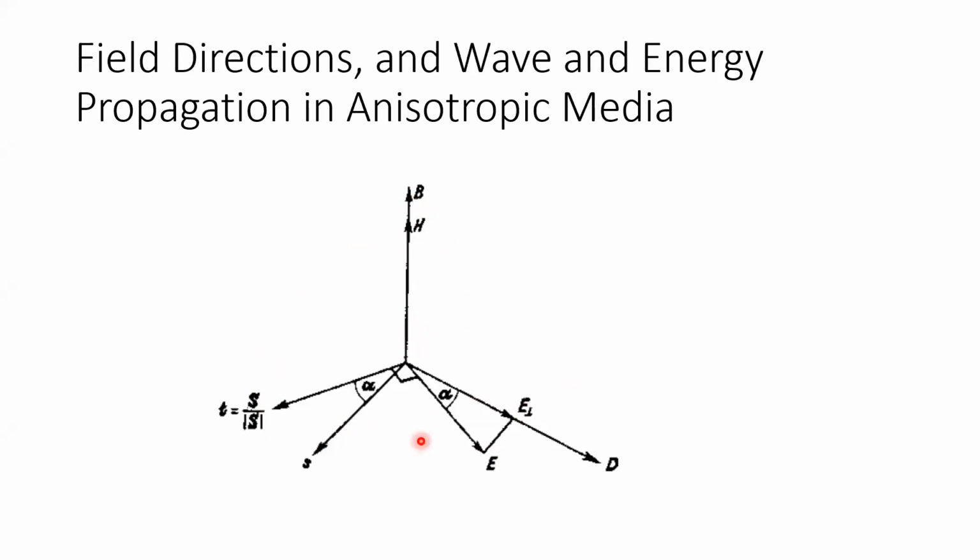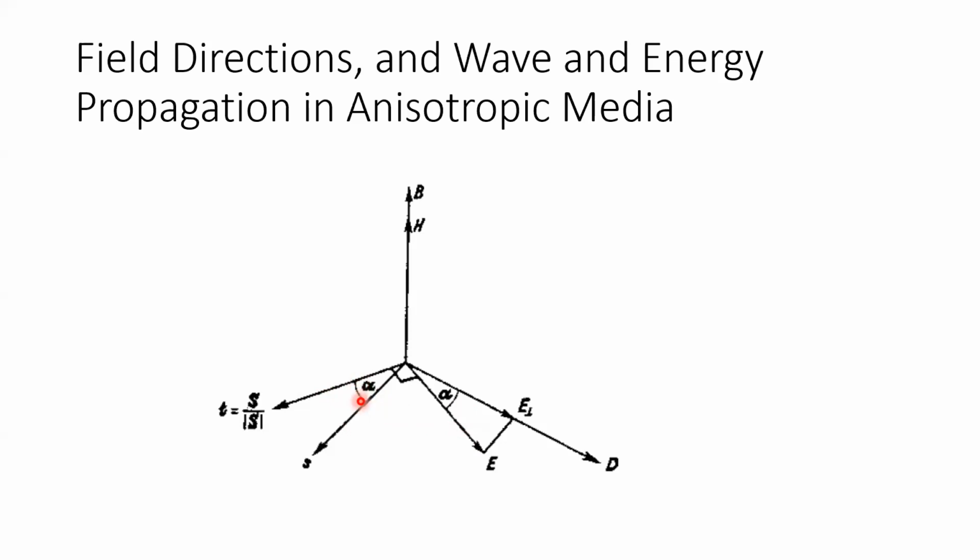Now within that plane, we have two sets of vectors. One is formed by D and K. D and K are perpendicular. The other set is formed by S and E. S and E are also perpendicular to each other. And the angle between the two, whether you take D and E, or you take vector K and S, is the same, which we just call alpha.